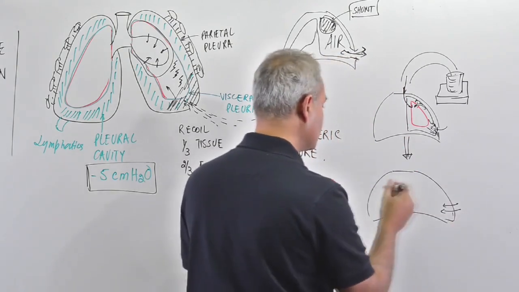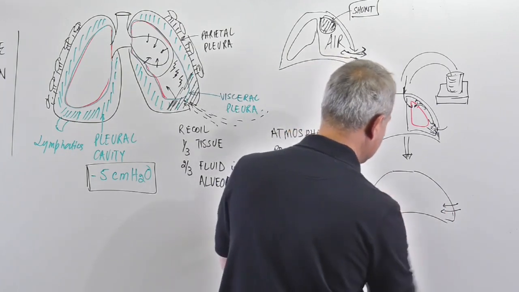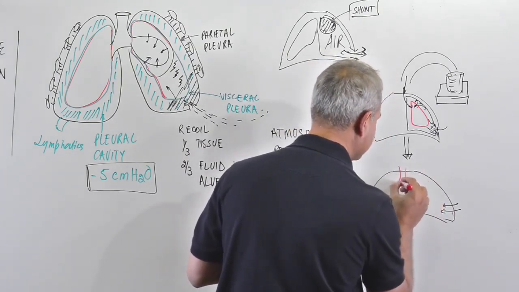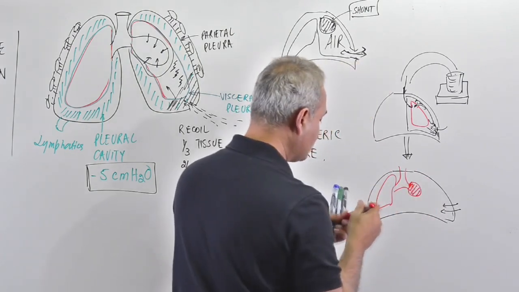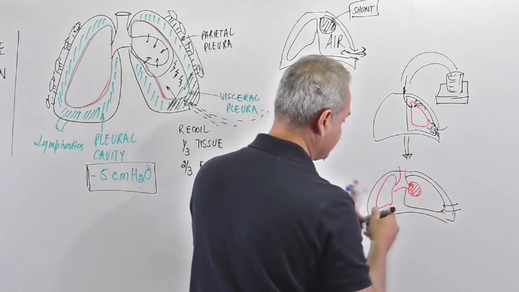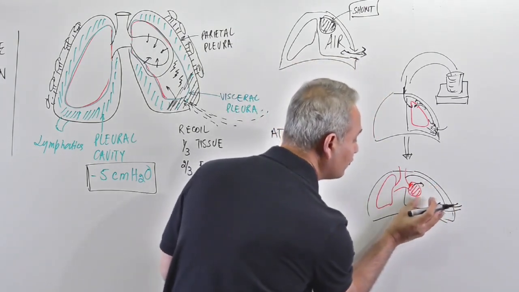So air would continue to move in. So what would happen is the lung is collapsed. Let's say this tiny little thing here, this is lung. It is collapsed. This is the other lung. So this lung is collapsed. However, the air that is moving in continues to fill this cavity.